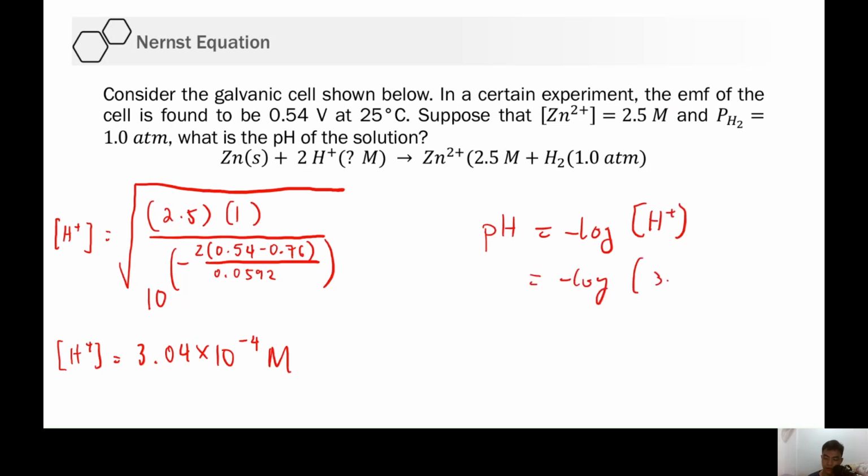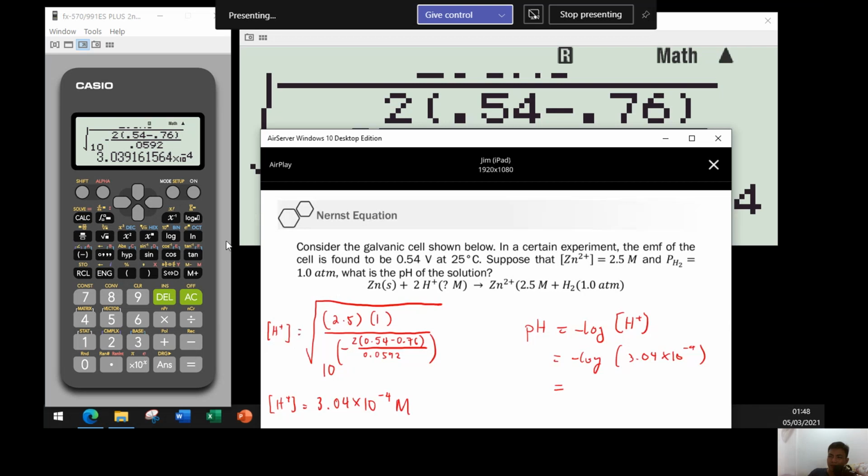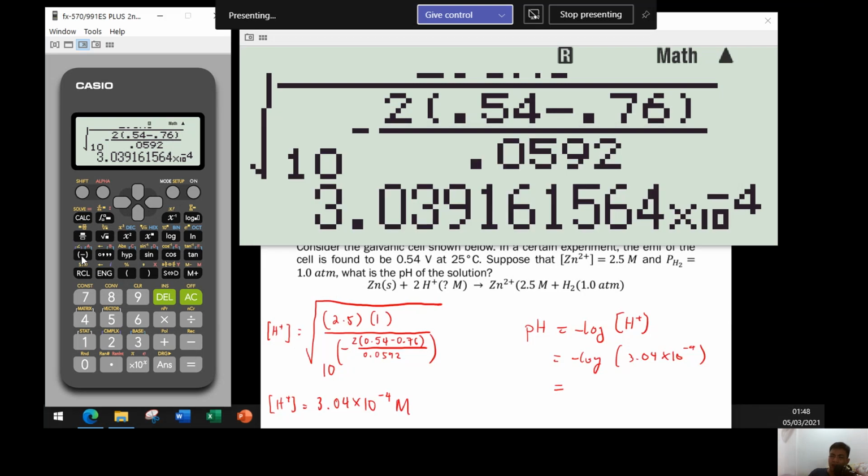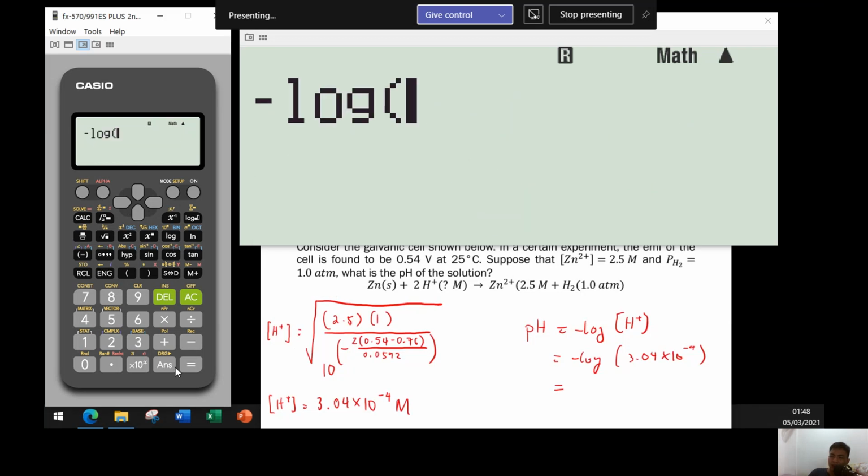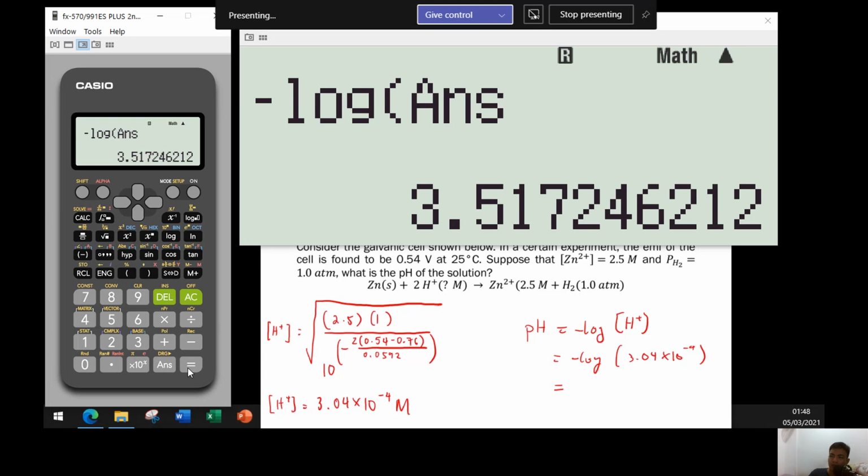Negative log of 3.04 times 10 raised to negative 4. You should not write the unit, sorry for that. Negative log of our answer will give us the pH equal to 3.52. So the pH of the solution is 3.52.